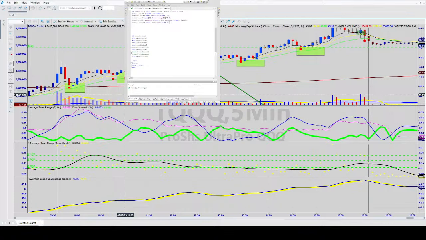Pink is going up. Pink is going up. Pink is going down. Pink is going sideways.